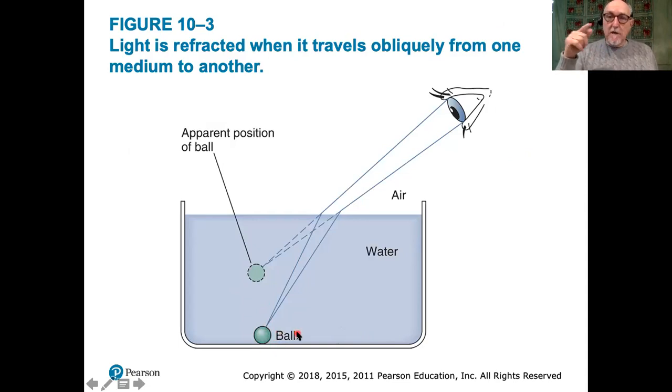If you're looking and you can see that ball, you're seeing the ball because light has struck it and has been reflected off it and is coming out and is going to end up entering your eye to form an image. But here's the thing, here's a ball in reality. It's on the bottom. So let's follow the light rays as we've got a source of light and it's bounced off and it's on its way to your eye to make the image.